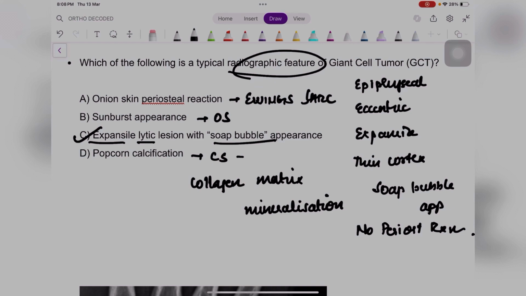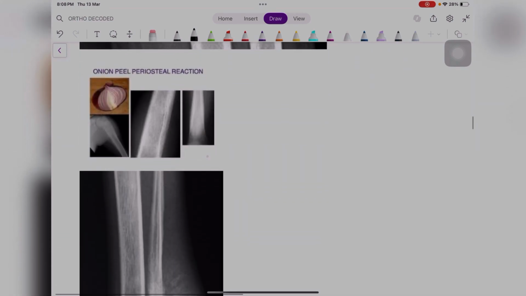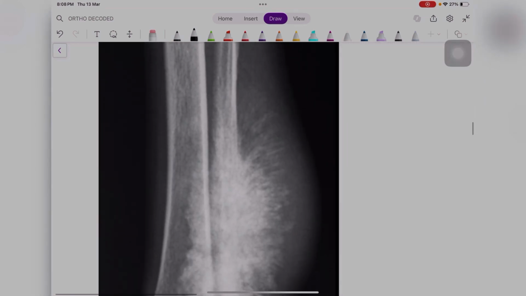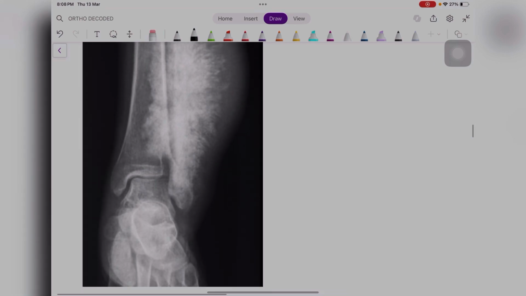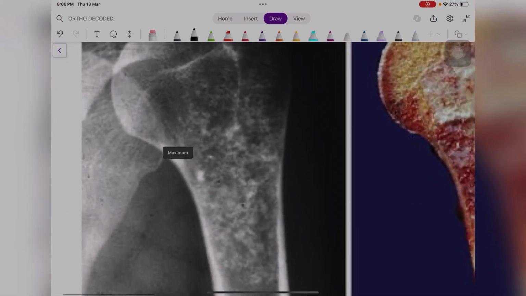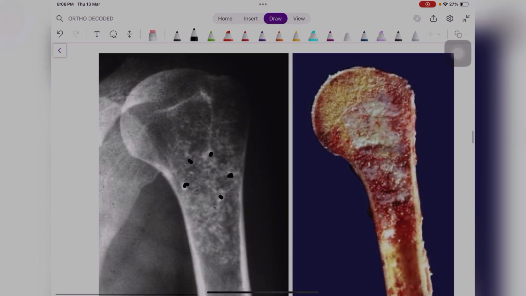So by ruling out the other options also, you can come to an option. So can you see here? This is the onion peel periosteal reaction. Then you have sunburst appearance as seen in osteosarcoma. Then you have chondral calcifications which is seen in chondrosarcoma.